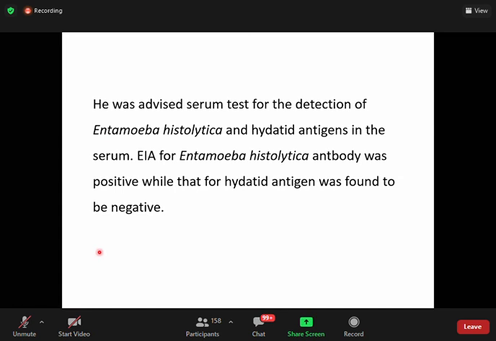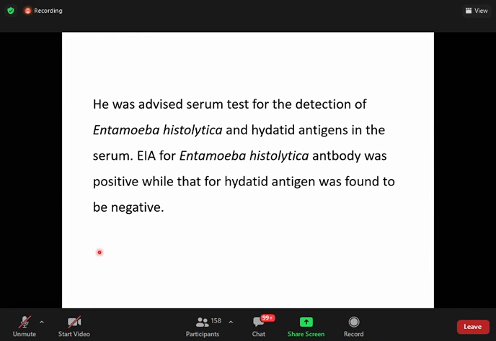He was advised serum tests for the detection of Entamoeba histolytica antibody and hydatid antigen in the serum. EIA for Entamoeba histolytica antibody was positive, while that for hydatid antigen was found to be negative. Why would you suspect a hydatid cyst here? What is a hydatid cyst?